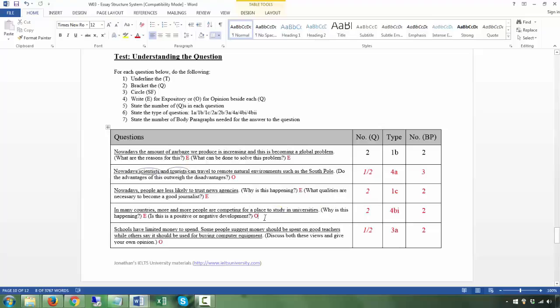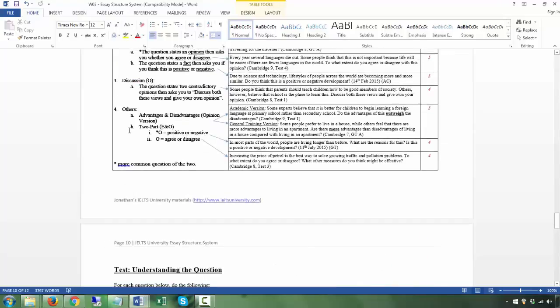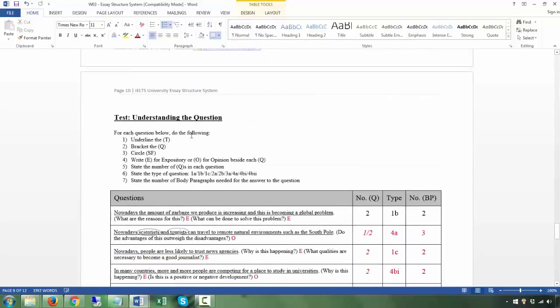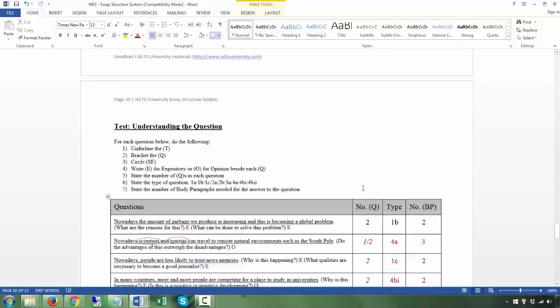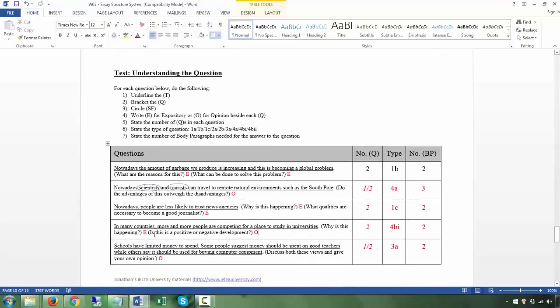So this question is 4B1. This is a 2-part E and O, expository and opinion, and this is a first one because it's positive or negative. They ask you, is this a positive or negative development, right? And you have 2 body paragraphs. One body paragraph is going to address this. 1 body paragraph is going to address this.